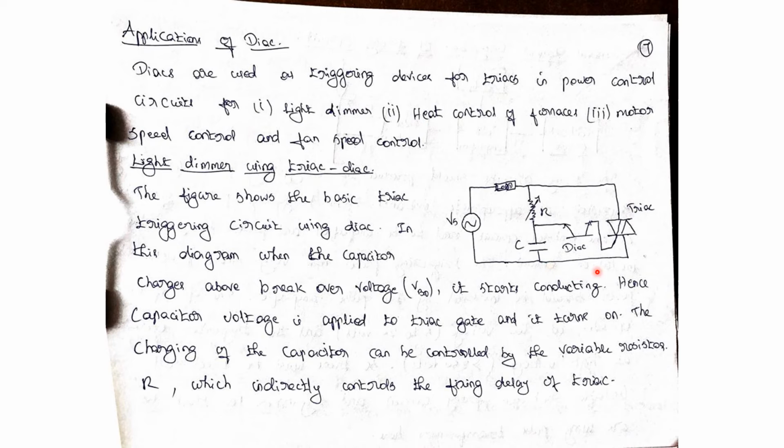This voltage is applied to the triac and it turns on. That is the mechanism. So the charging of the capacitor can be controlled by the variable resistor. That's it.